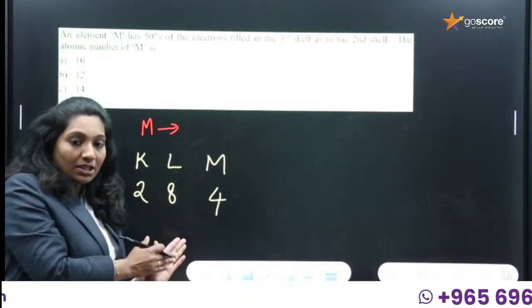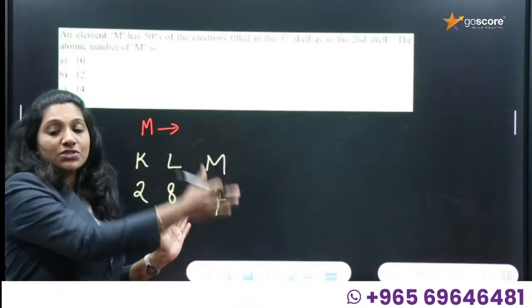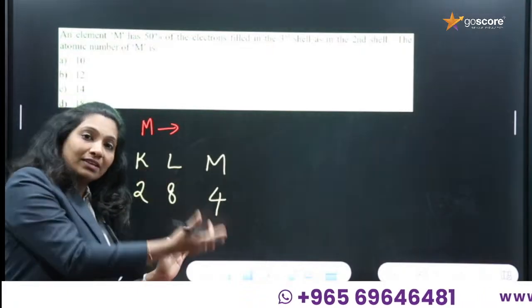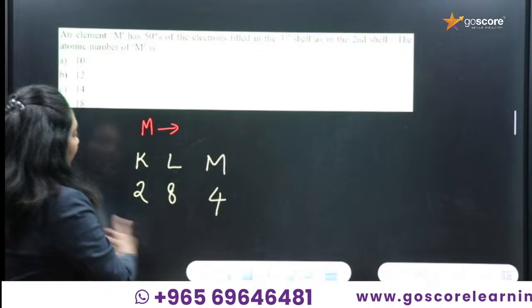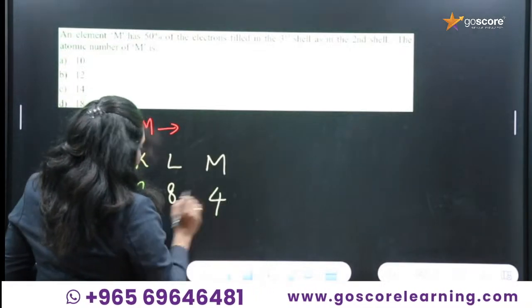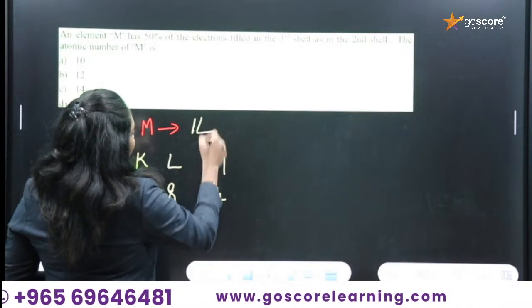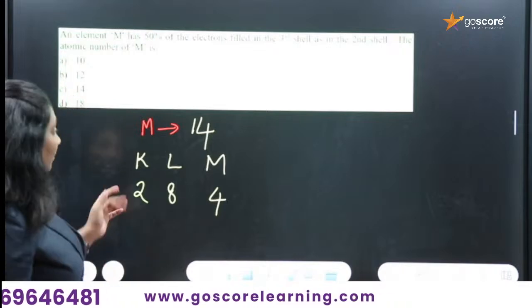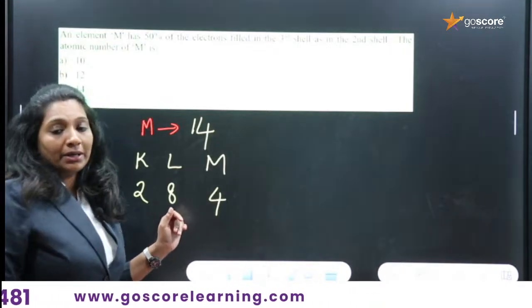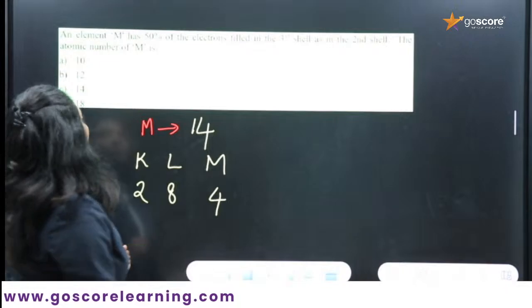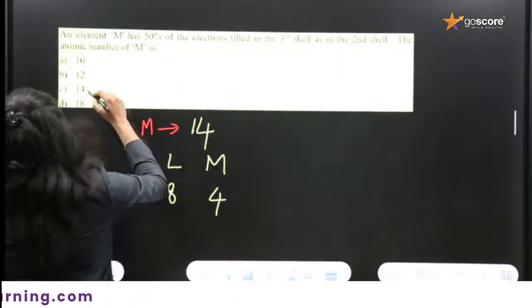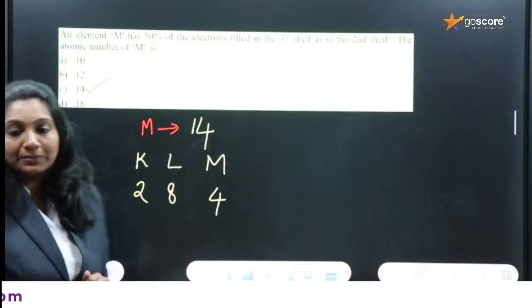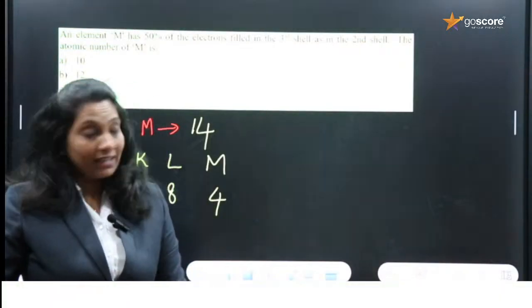If the second shell has 8 electrons, 50% in the third shell means half, that is 4 electrons, right? So together how many electrons? 2 plus 8 plus 4, we have 14 electrons in the element M. So the atomic number of M is nothing but 14, right? So I hope it is clear for you.